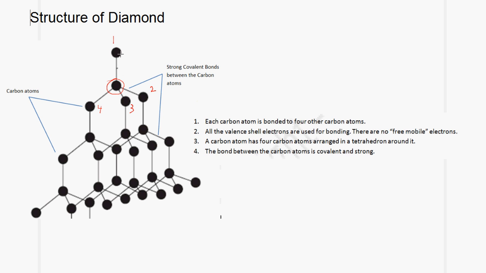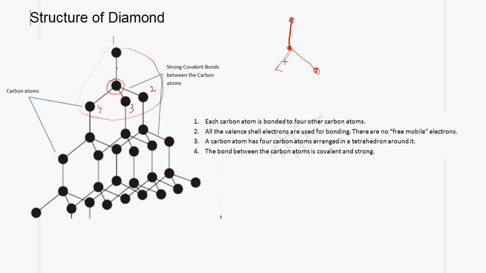So when we say a tetrahedron, we're talking about this shape here. Let's say these 4 here. So you would have had the central carbon atom. We draw another one. We'll draw one in the same plane.